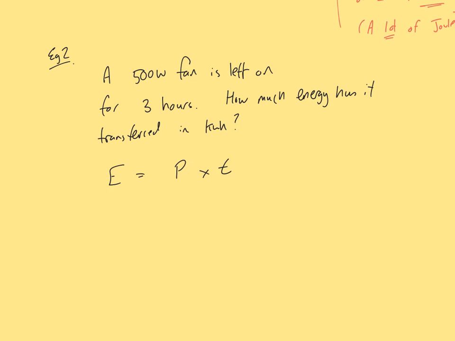But this time, we need our answer in kilowatt hours. So the energy is going to be in kilowatt hours. That's made of kilowatts and hours. So our power needs to be in kilowatts and our time needs to be in hours. Now here, time is in hours, that's fine. Our power is in watts, not kilowatts, so we need to convert. So the way to convert watts to kilowatts, well, if 1 kilowatt is 1,000 watts, do the opposite.